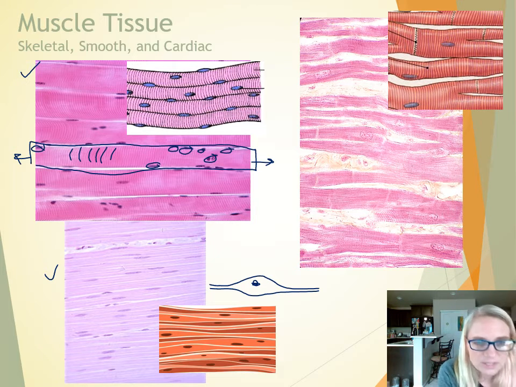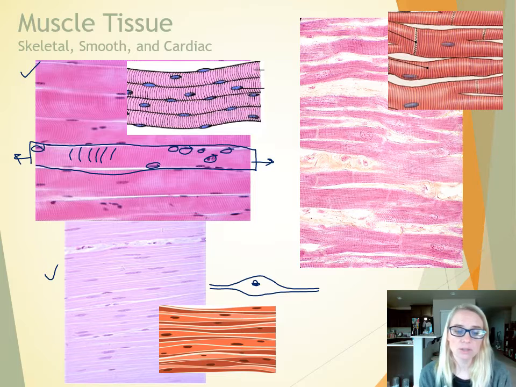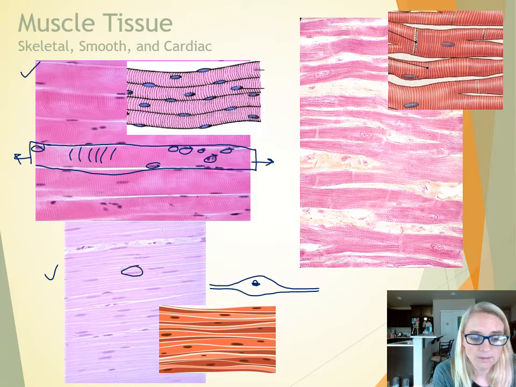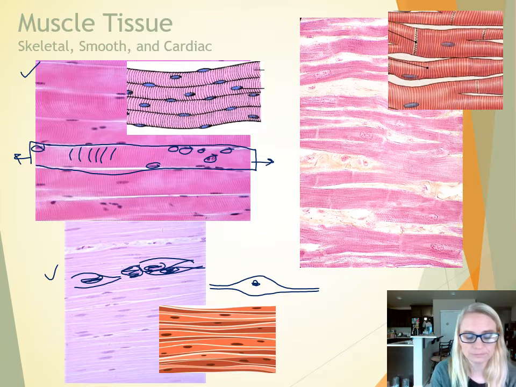What you'll see in the microscope when you're looking at smooth muscle are the nuclei, these little darker purple specks. Those are the nuclei, and the cells would be squished around them like this, with the darker staining nuclei in the middle. You can kind of see that here in this picture.